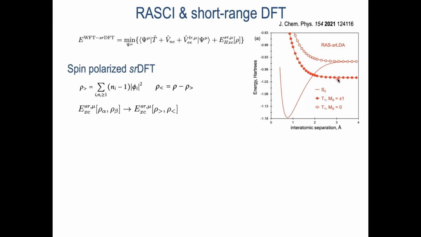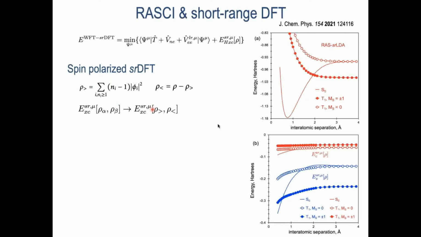So we said, okay, maybe these effects are important here, and we might make a spin polarized version of this wave function short range DFT method. Instead of using a spin alpha and a spin beta densities in the exchange correlation part, let's use these other types of densities that might include spin polarization effects in multi-reference wave functions.